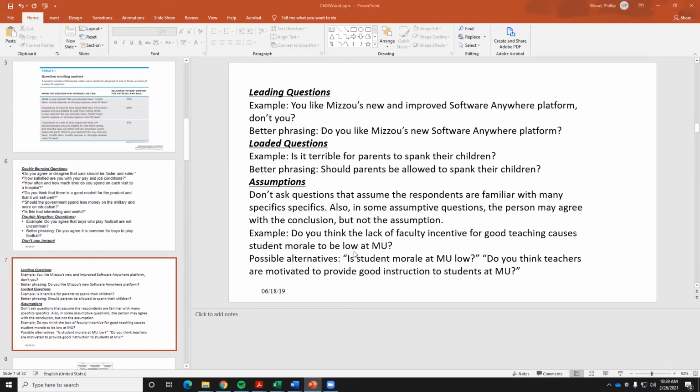Those might be different questions. It might be a checklist. So you might say, is student morale low at MU? And if so, here's a bunch of reasons why. That's going to get you significantly better data.